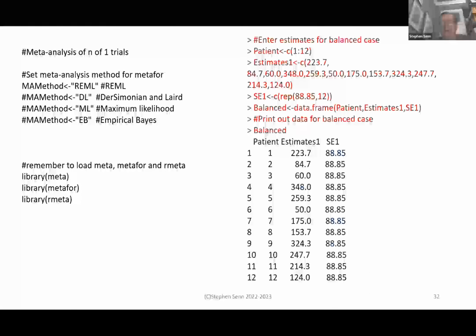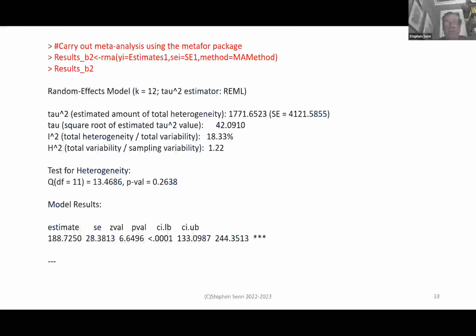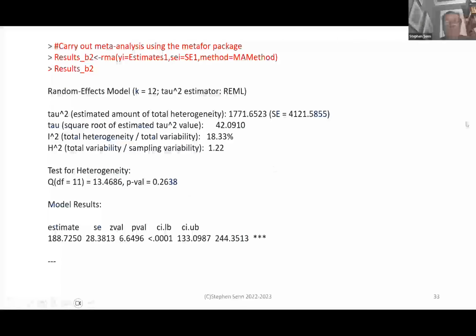But anyway, here are the various packages that we've loaded, and we can set some meta-analysis methods. And here I've carried out random effects meta-analysis using the metafor package, and we've got the particular results at the bottom that we had before.